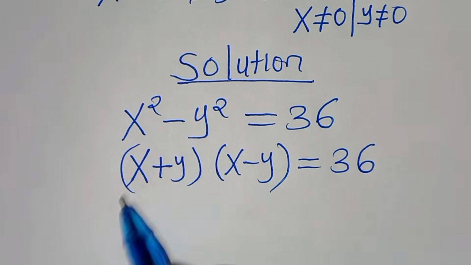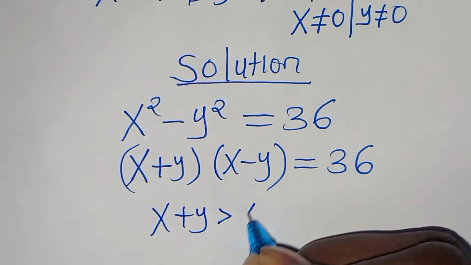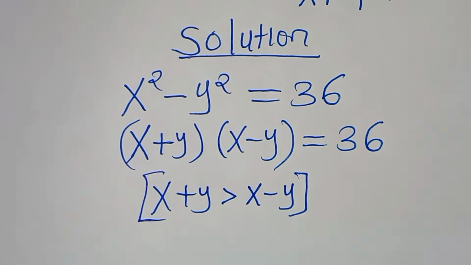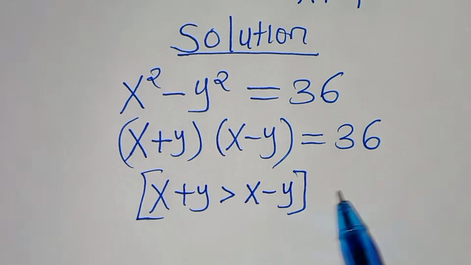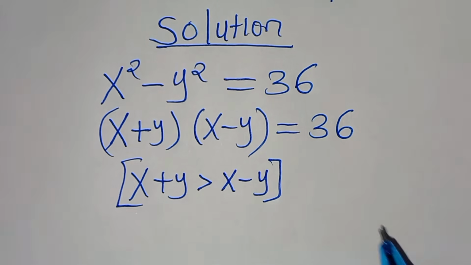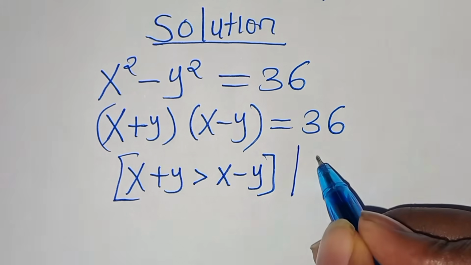Now we have that x plus y is greater than x minus y. So the condition here is that x plus y is greater than x minus y. The next step is to determine the factors of 36.